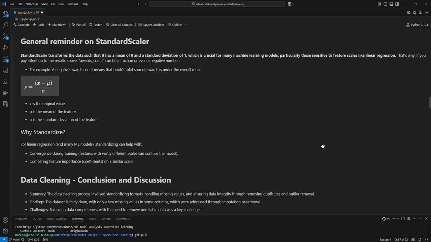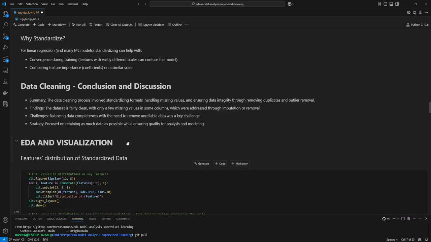That's why, if you pay attention to the results above, award counts can be a fraction or even a negative number, right? So it's not like an author has a negative number of awards. Obviously, that's not possible. That just means that they are under the average of the number of awards of all books.